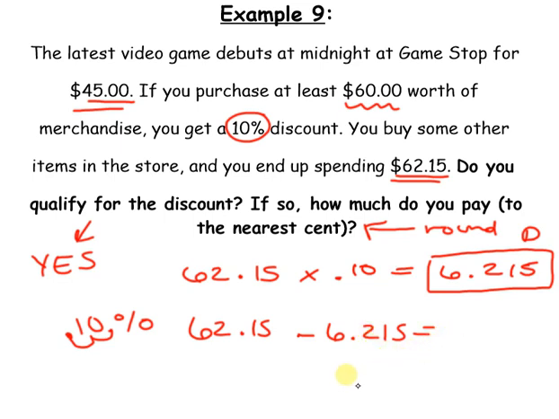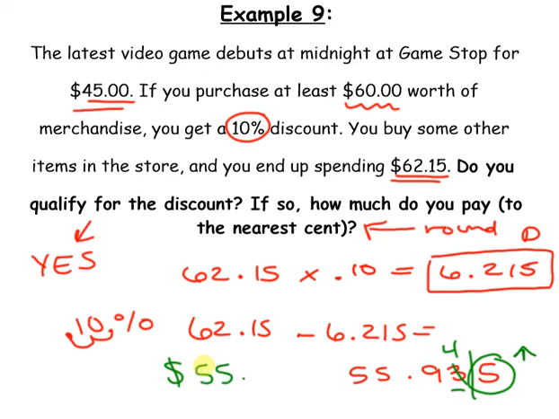You should get 55.935. Now, this is going to be our sales price, so this is where we need to round. We always round to the hundredth, draw a stick, circle the following number. 5 through 9 climb the vine, so we're going to go up. This 3 becomes a 4, and my total sales price is $55.94 that I spend at GameStop.